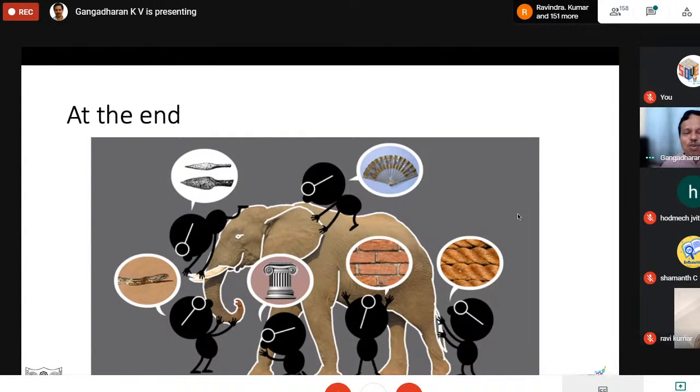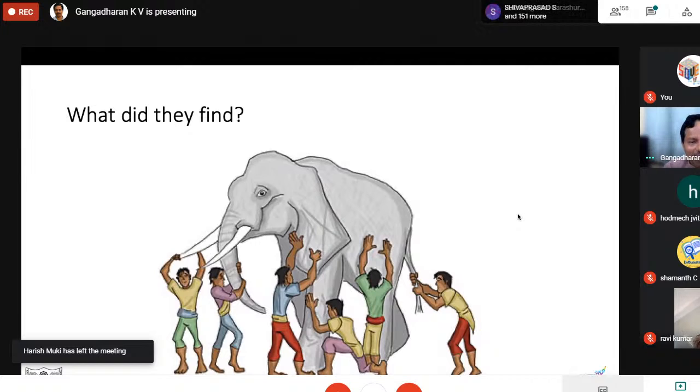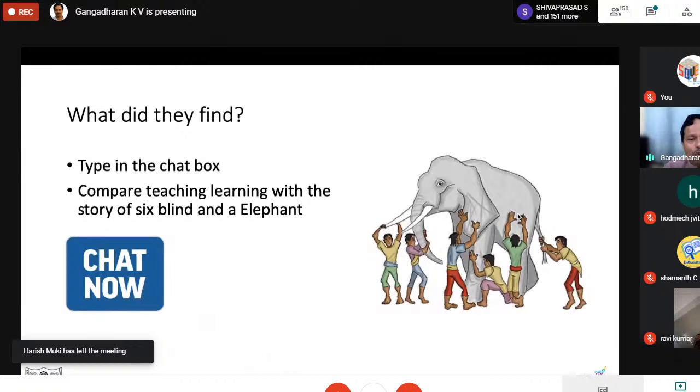Finally, they get only part by part. And hopefully they will get it right. Otherwise, it will be like this. And from here, we need to find out, did they really find the elephant in all the classes which were taken together? From there, we should be able to take them to the activity which is coming in.